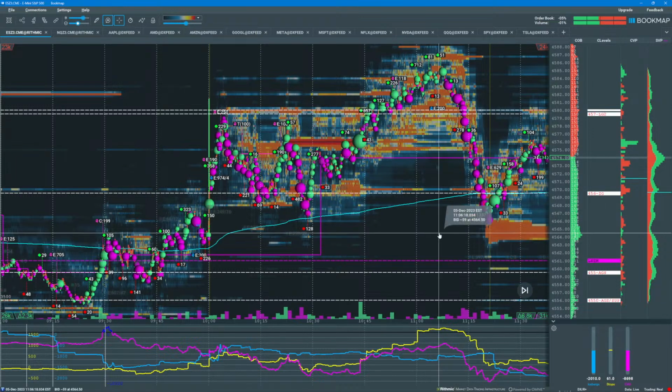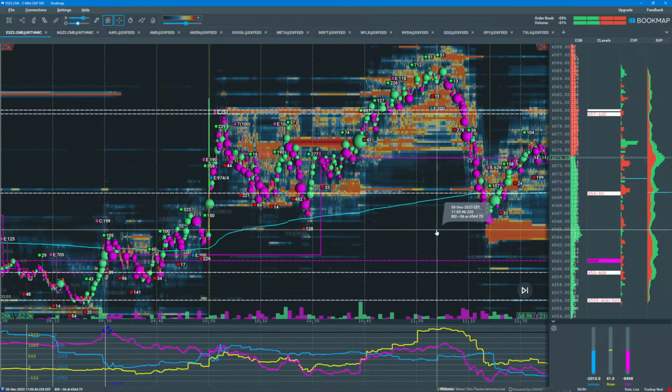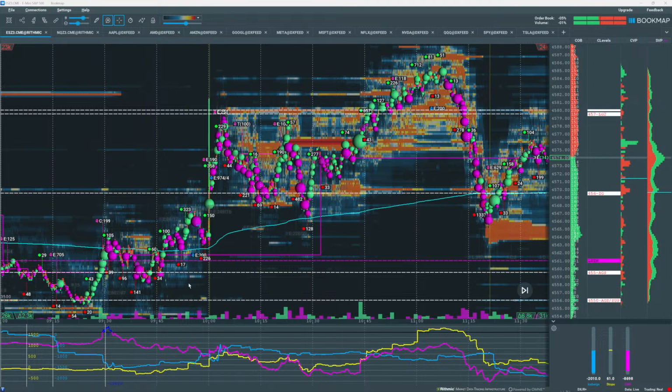All right, so there's definitely a good long setup this morning. Multiple pullback entries primarily to VWAP or close to it. If you missed the initial entry at 455.